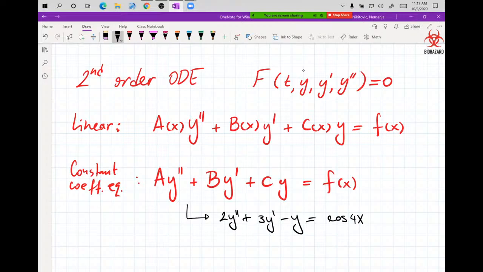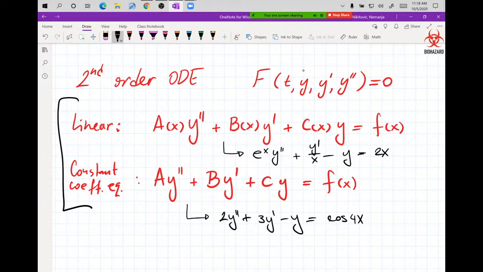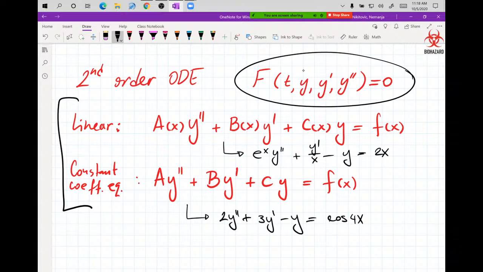And for the example of the one over here, you have any function, so e to the x y double prime plus, let's say, y prime over x minus y equals whatever, like 2x, doesn't matter. Both of these equations that I wrote are linear. So all of this is linear, and this one contains linear and nonlinear.